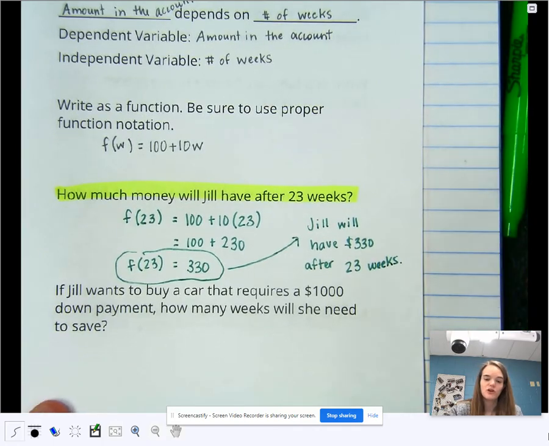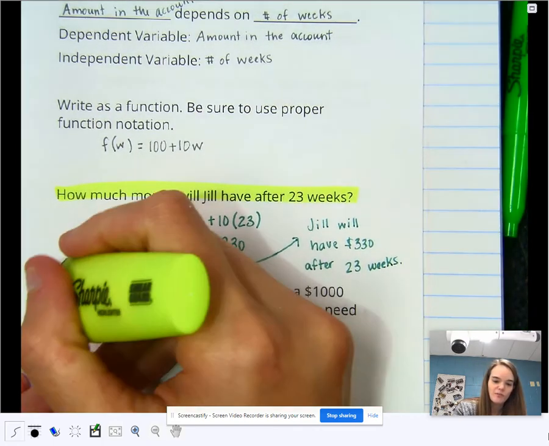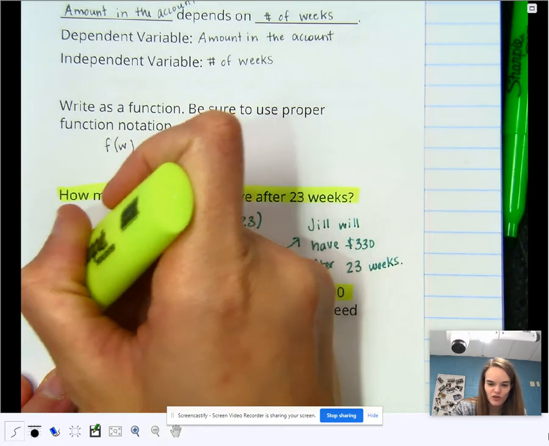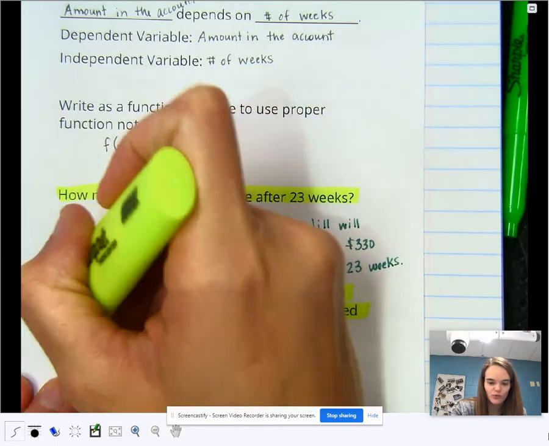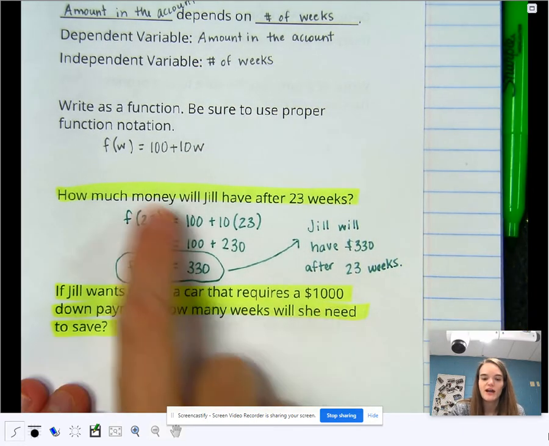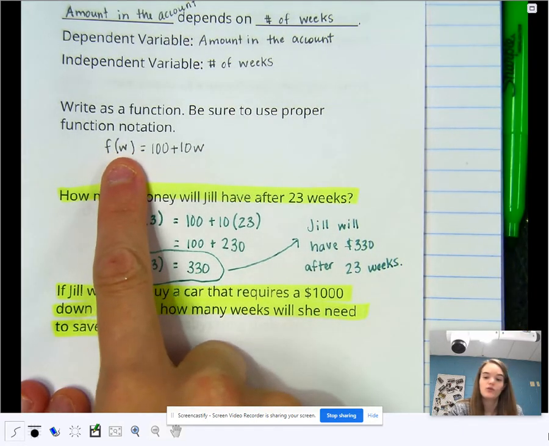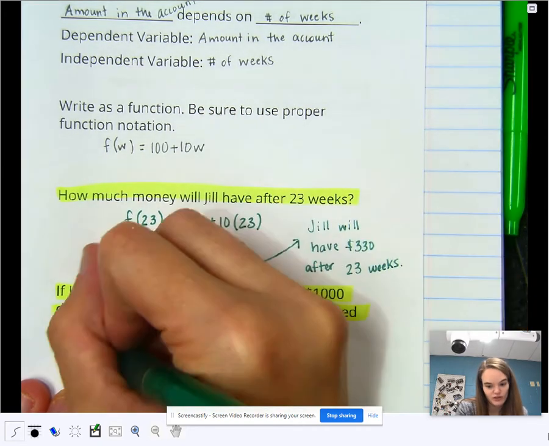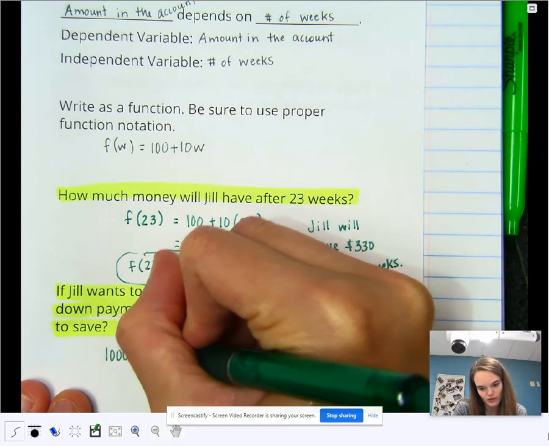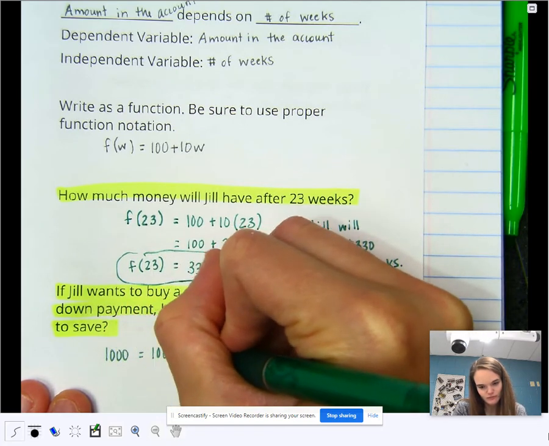Here's our next question. If Jill wants to buy a car that requires a $1,000 down payment, how many weeks will she need to save? Okay, the $1,000 now represents the amount in the account. So we are going to put 1,000 there. 1,000 equals 100 plus 10W.